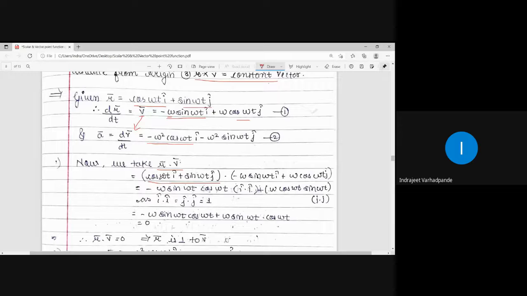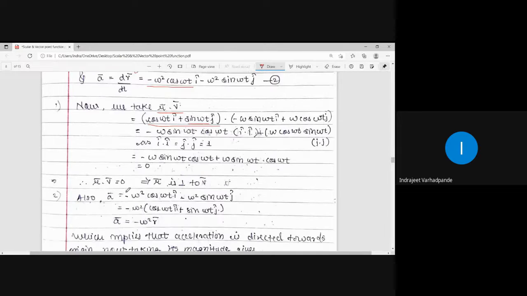So cos omega t into minus omega sin omega t plus sin omega t into omega cos omega t. Accordingly, these are with opposite signs, so the same terms will cancel each other, and therefore we get r bar dot v bar equal to 0. When the dot product is 0, we say that the vectors are perpendicular to each other. So the first result we are able to get: r bar is perpendicular to v bar.